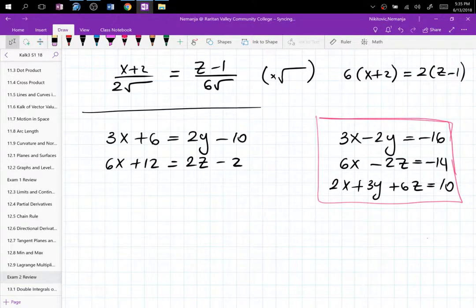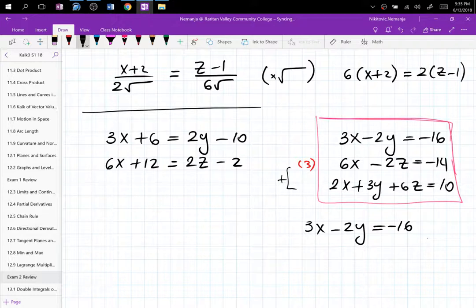What should we kill? The easiest to kill would be z. So times 3 to kill z. Copy the first equation, 3x minus 2y is equal to negative 16. And now add equations 2 and 3. I multiply equation 2 by 3 to get negative 6z, and that cancels with 6z on the bottom.